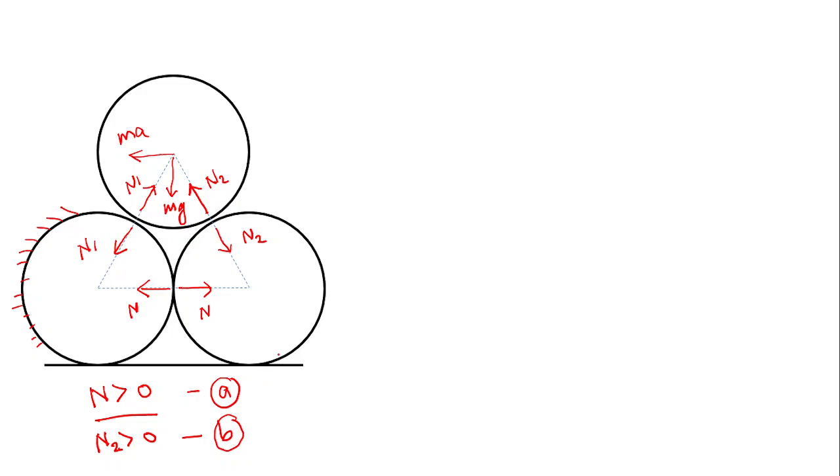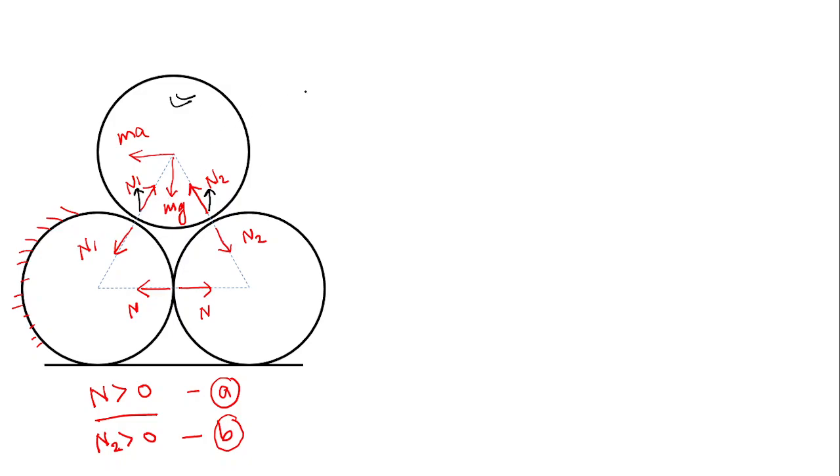Okay. So now let us just write the simple Newton's law equations. So if you see the free body of this ball, what are the vertical forces? One because of this n1 component, other here. This angle is 30 degree.